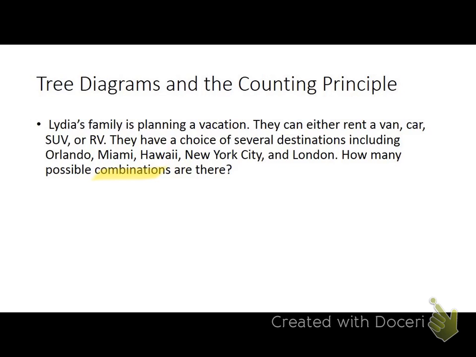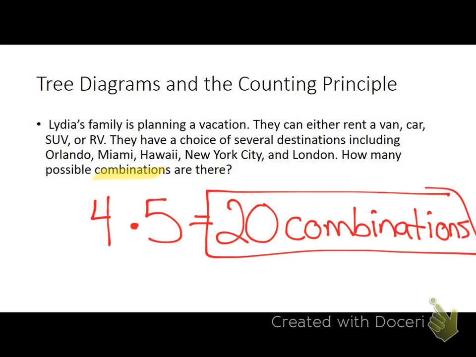Destinations. So here I have 2 categories, and I have different options within the categories. How many options for vehicles? 4. How many options for destinations? 20 combinations. That's all you have to do.